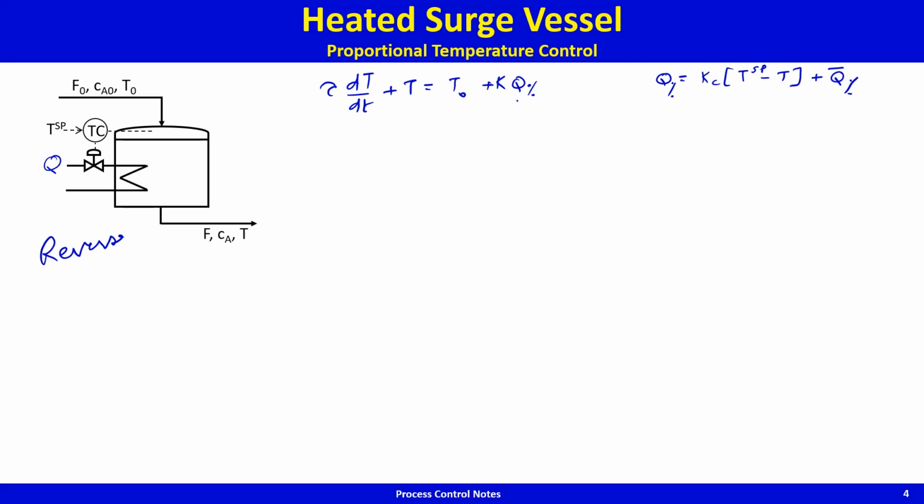So if we substitute this Q percent coming from the control law, what we get is Kc times T set point minus T plus K times Q steady state, the initial steady state.